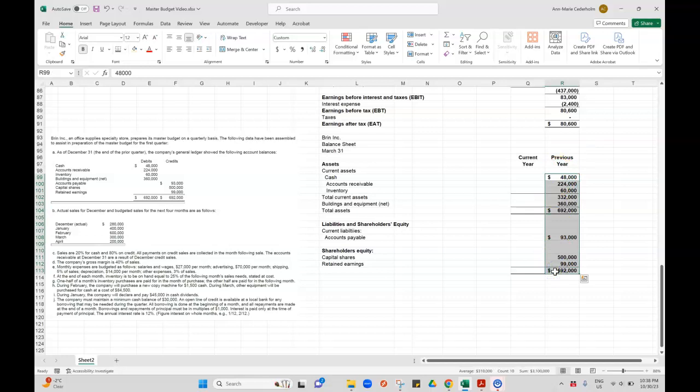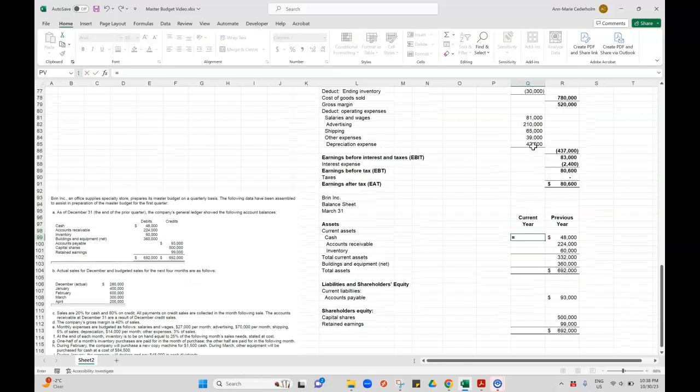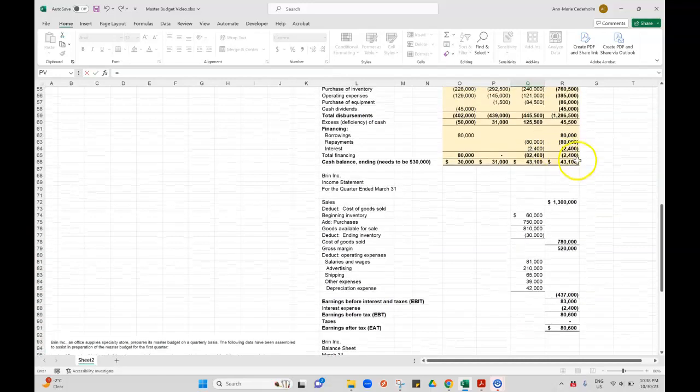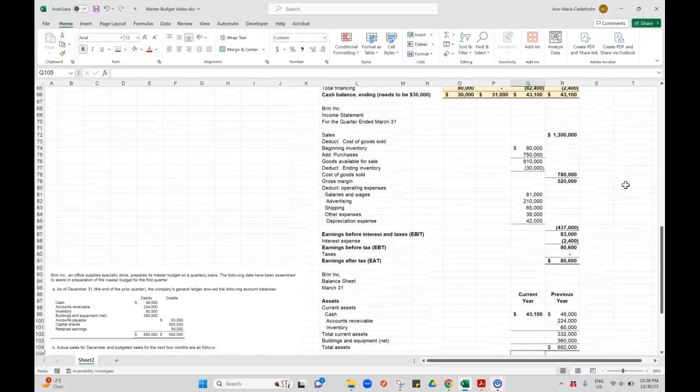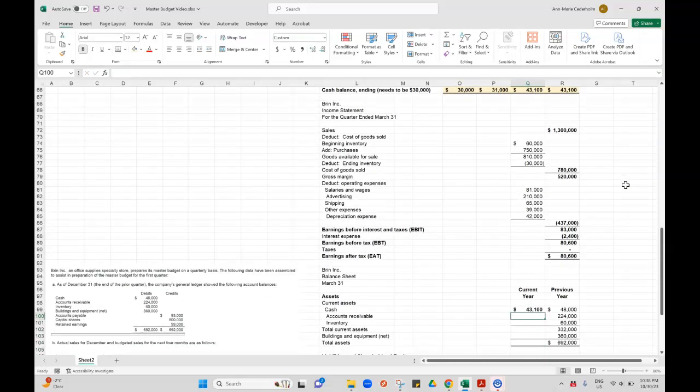Okay, so let's go find these numbers. Your cash is the ending cash balance on your cash budget. So I'm just going to go equals, find my cash budget, and it's that number, 43,100. Now my accounts receivable is what's left collectible.